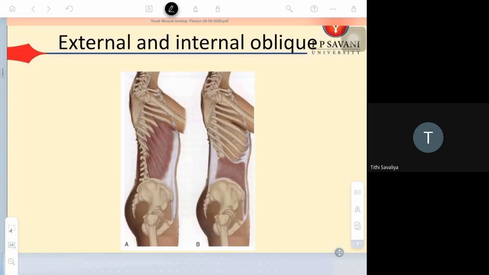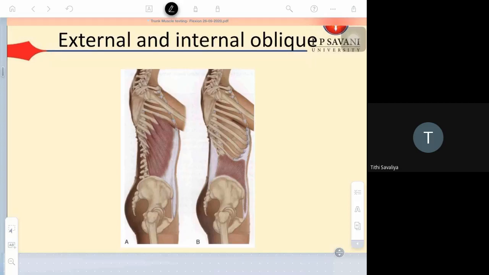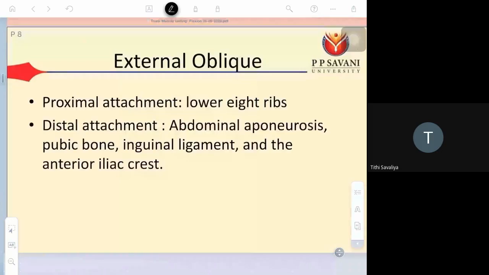Next, external and internal oblique muscle. One is external, other is internal. Attachments you go through later.